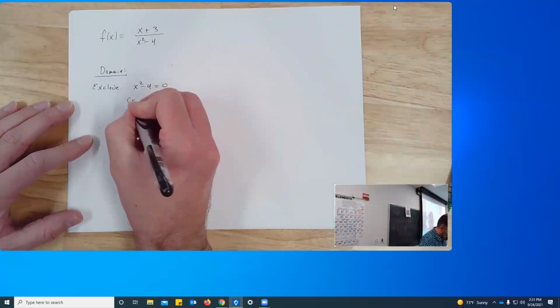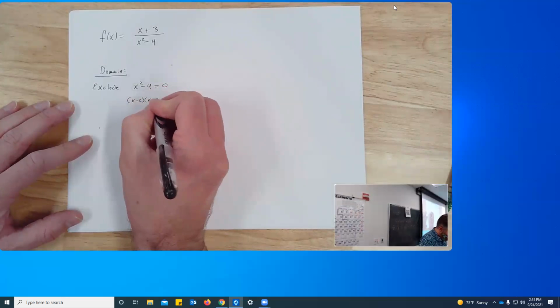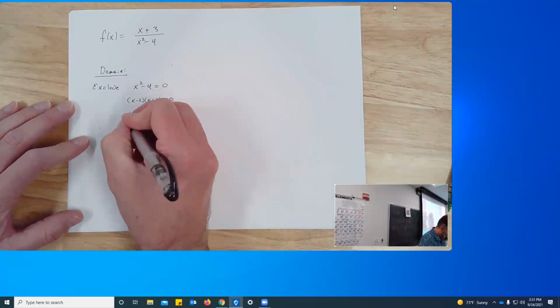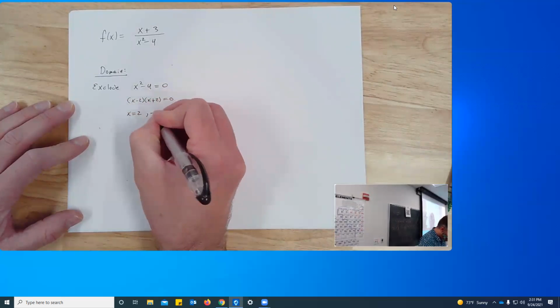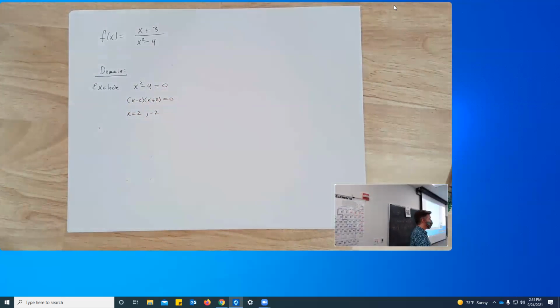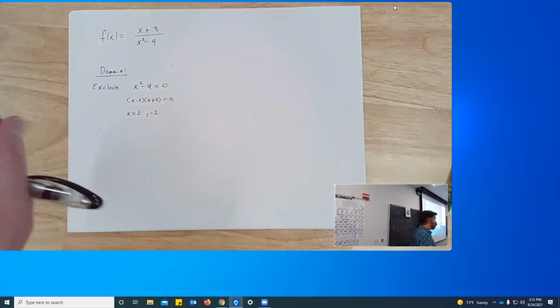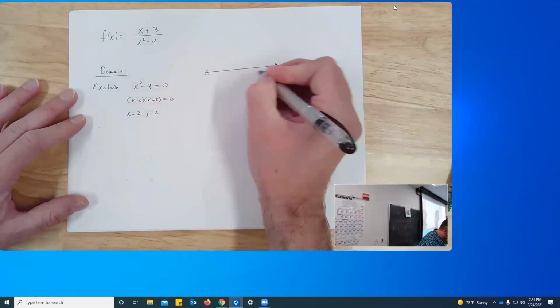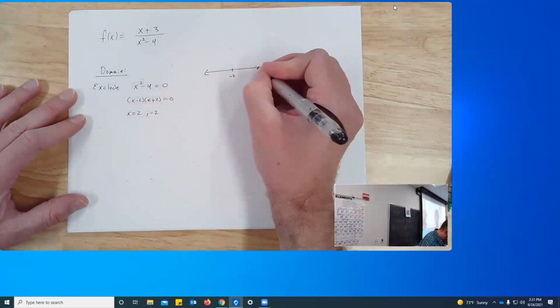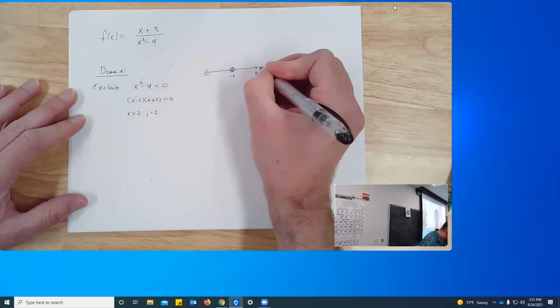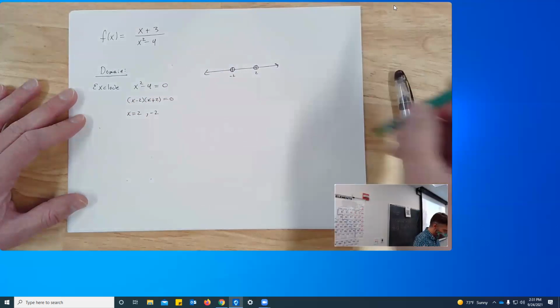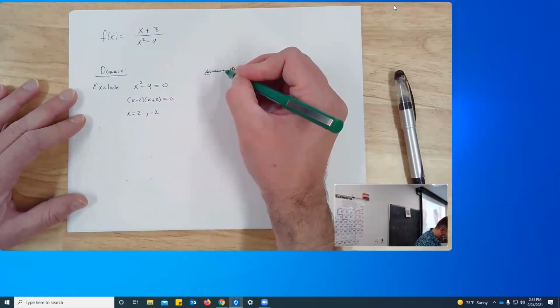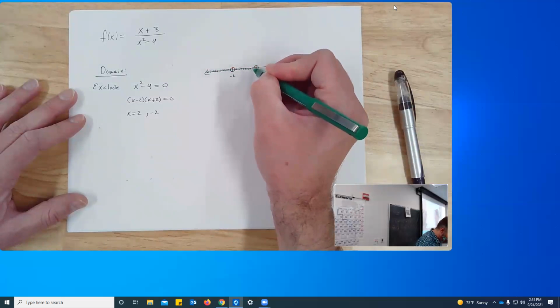You could either factor this. That's probably the more common way of doing it. So we want to exclude the values of 2 and -2, and just those values. So if you're looking at the real number line, we don't want those, but we literally want everything else.